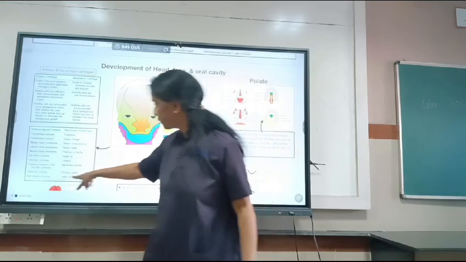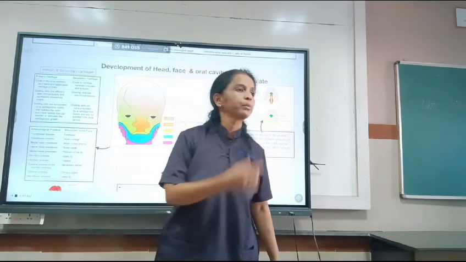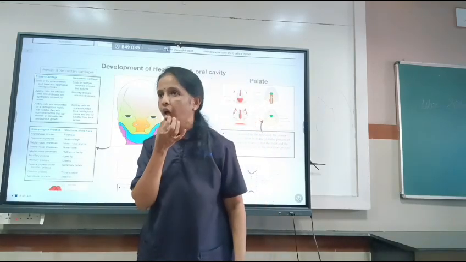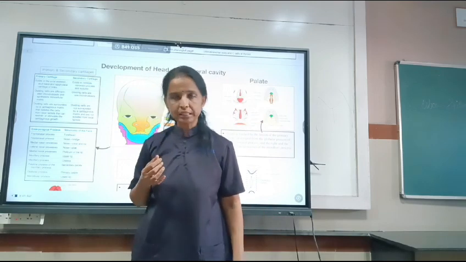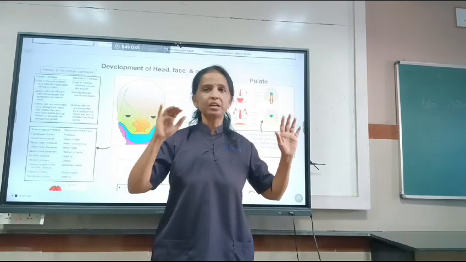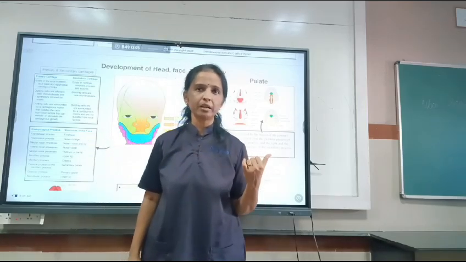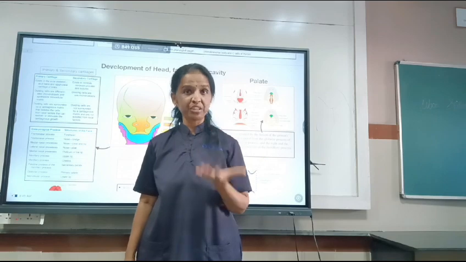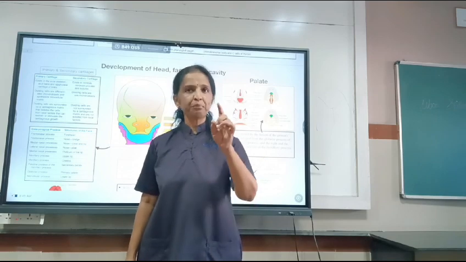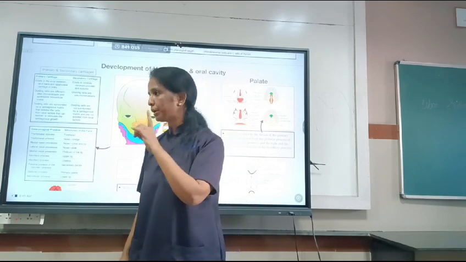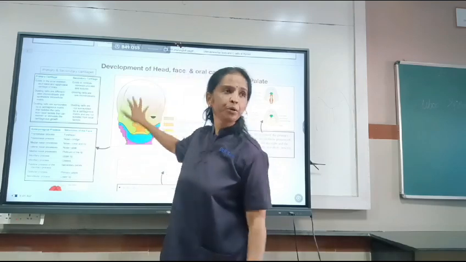And then we have something called the mandibular process, giving the mandible and the lower lip. Is that clear? Just a table and just a picture. What have you completed? Development of face. If there is a question on development of face, draw a beautiful picture.